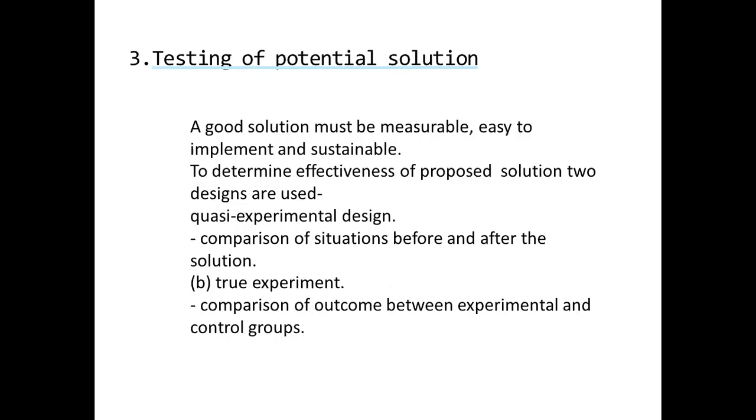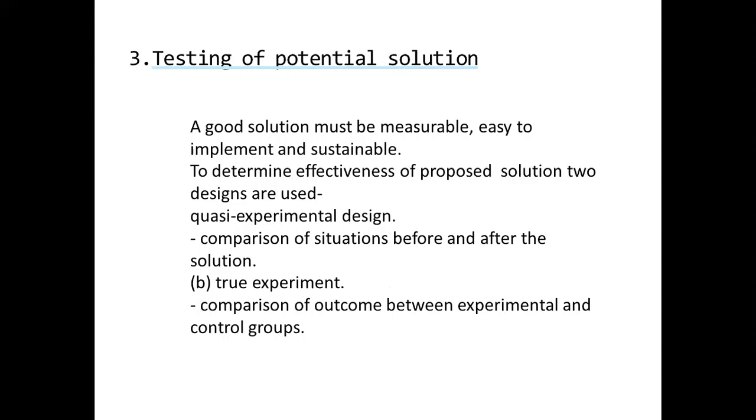Testing of potential solutions. A good solution must be measurable, easy to implement, and sustainable. To determine the effectiveness of a proposed solution, two designs are used. The first is the quasi-experimental design.